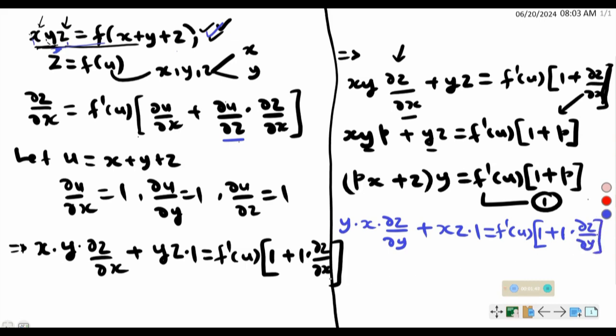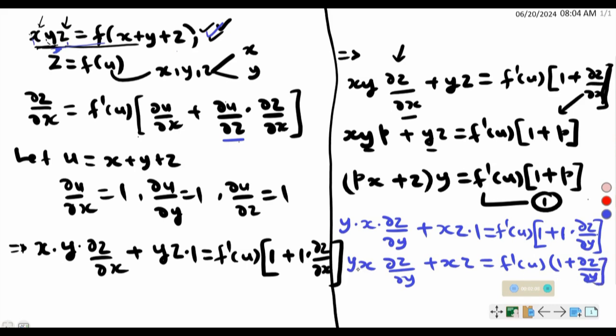So that is what we shall have. This is the same as having yx del z del y plus xz, which is equal to f prime of u into 1 plus del z del y.